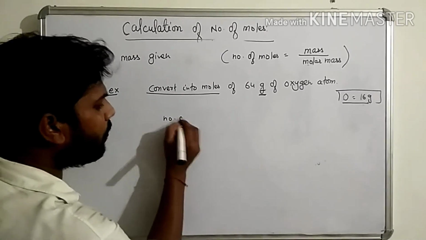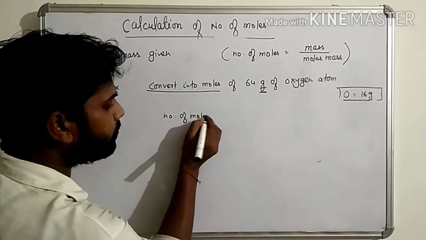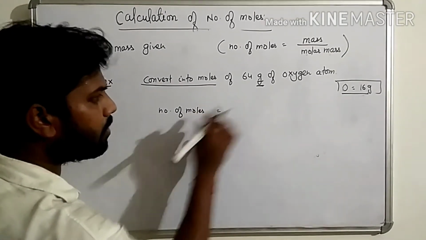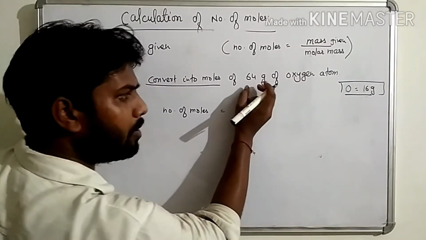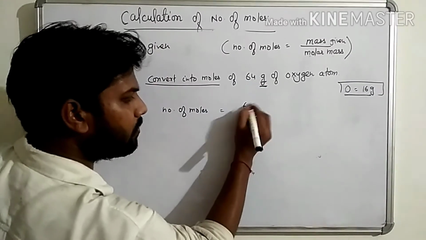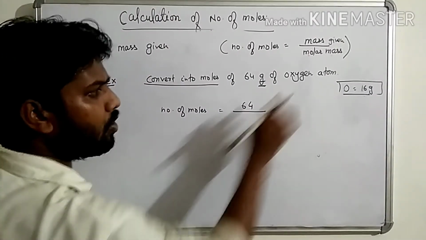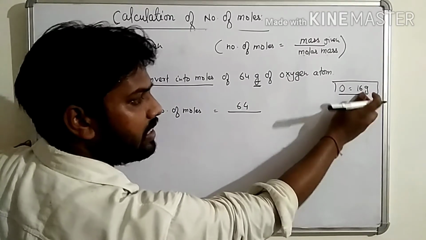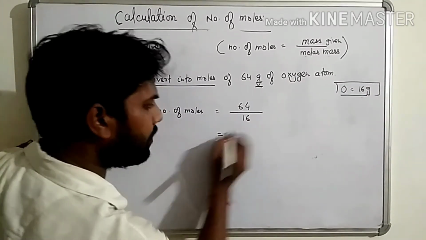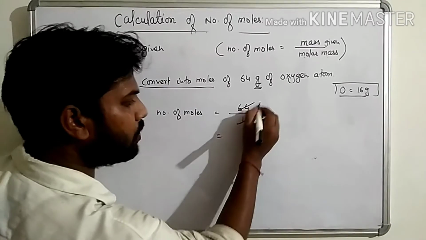So number of moles is equal to mass given, 64, by molar mass, the molar mass of oxygen atom is 16. 16 fours are 64, so the answer is 4.